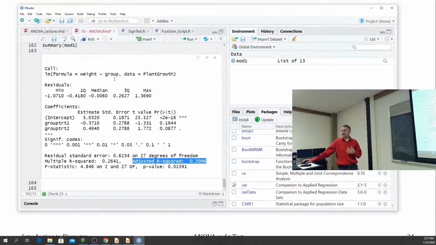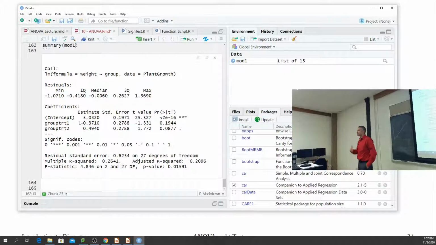So how much of that weight is explained by group? The r squared, 0.2096. 21% of all of the variation in weight is explained by our groups, by our control, treatment 1 and treatment 2. All right? That's informative. That gives us something to write in a paper, to present during a presentation.